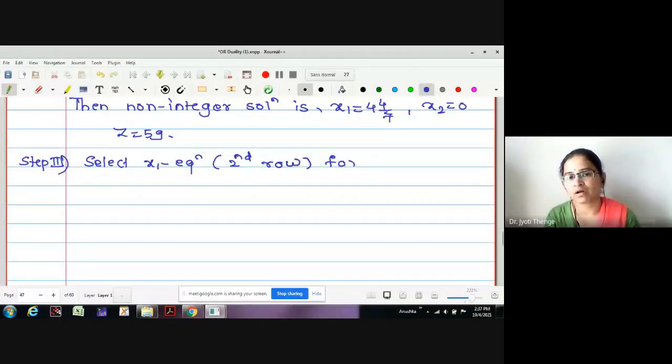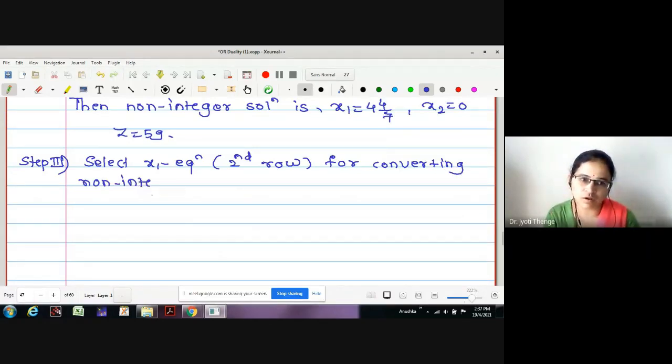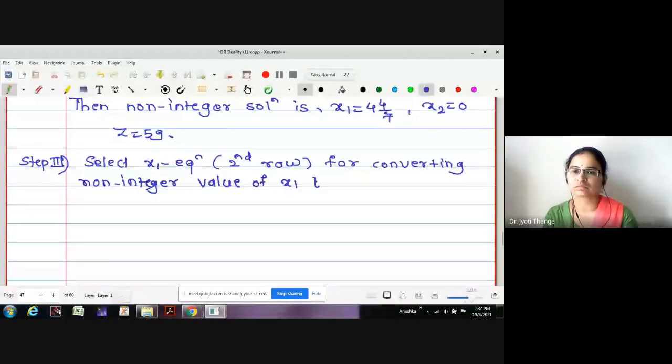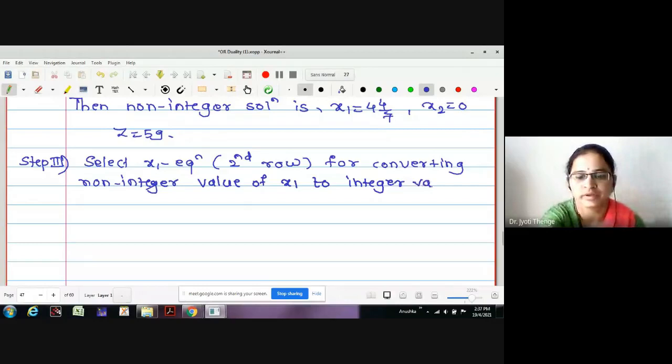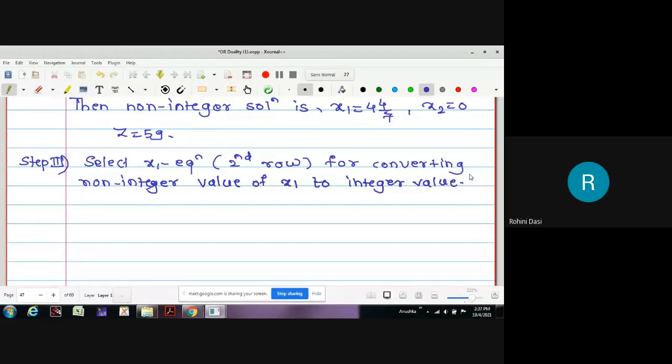For converting non-integer value, is there any use to select the largest fraction now? Here we are not selecting by largest fraction.